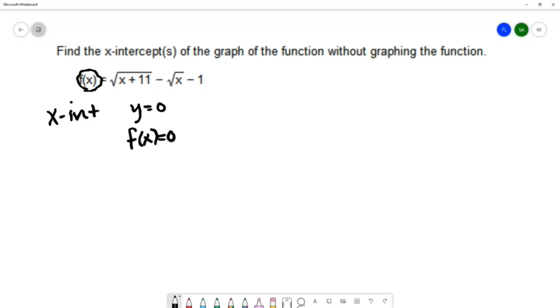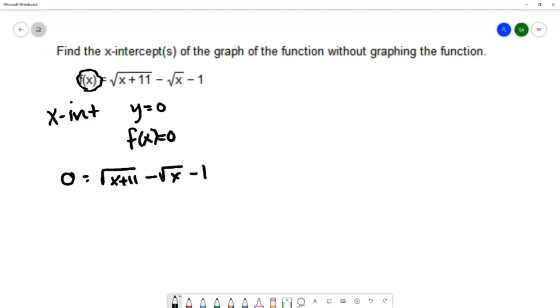So we have the equation 0 equals the square root of x plus 11 minus the square root of x minus 1. And this is what we call a radical equation or a root equation.